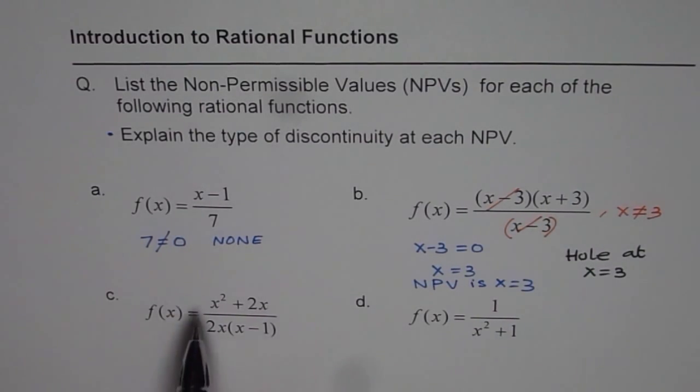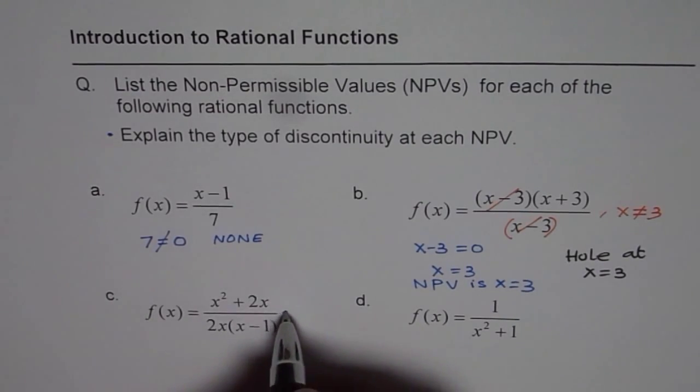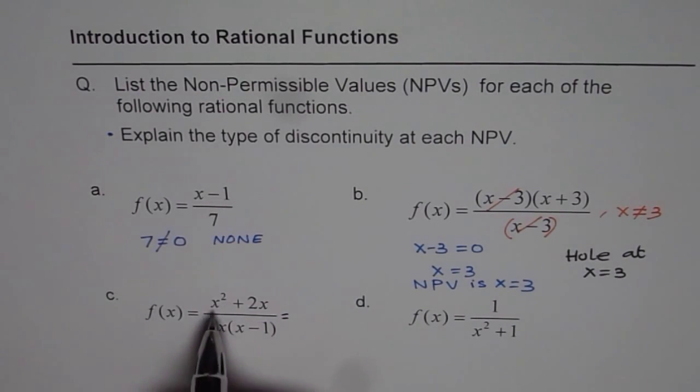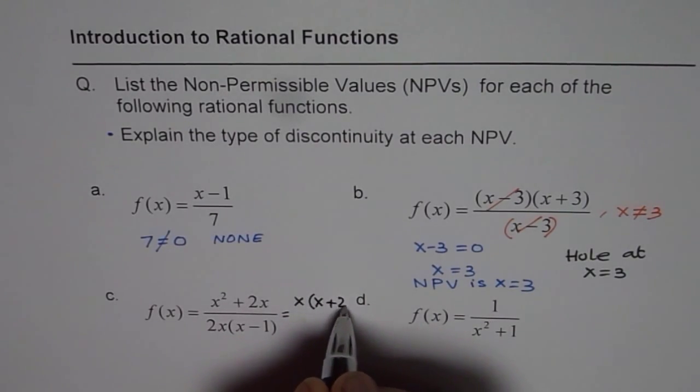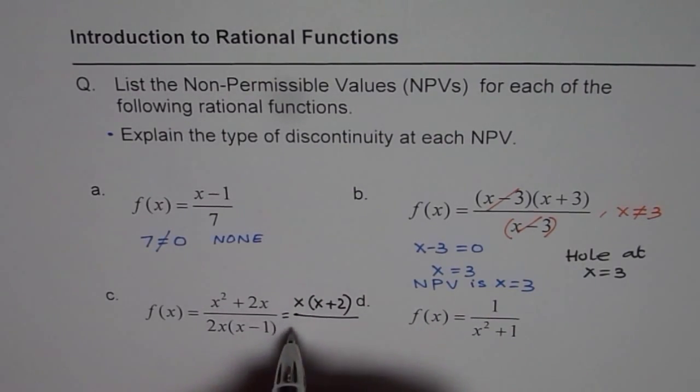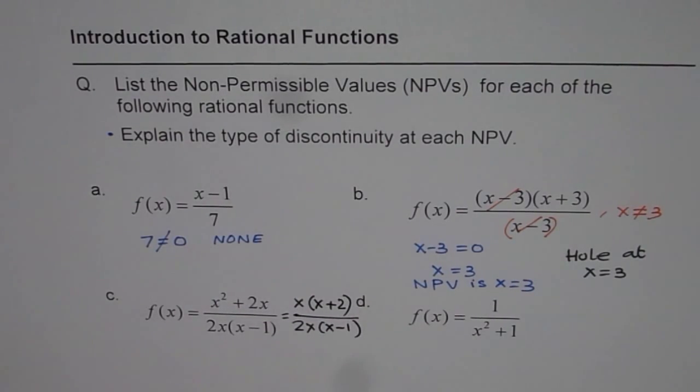Next one, (x squared plus 2x) divided by 2x(x minus 1). In this function, you should factor the numerator. So if you factor, you get x(x plus 2) in the numerator divided by 2x(x minus 1) in the denominator. So in the denominator, we will have two values which are not permitted.